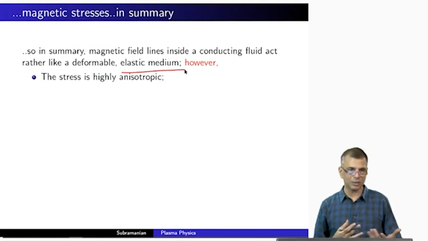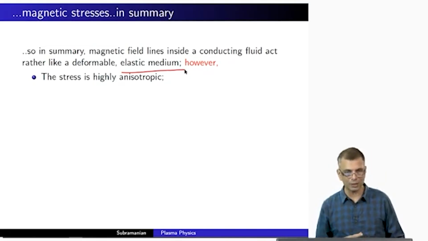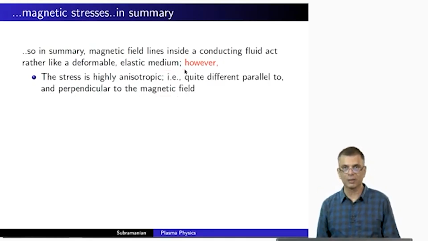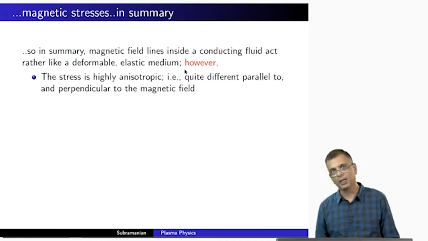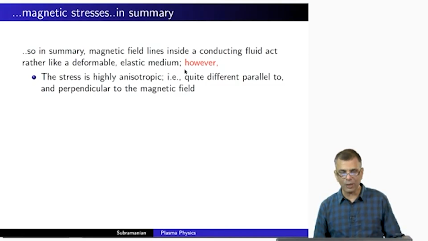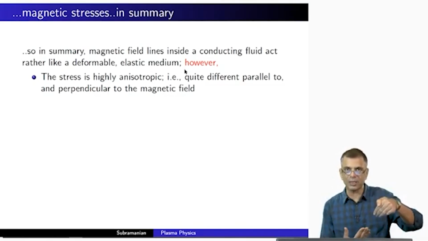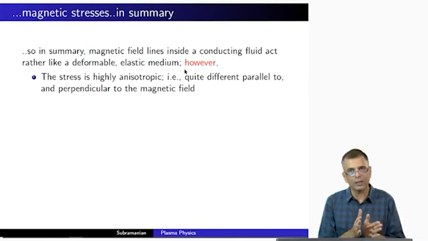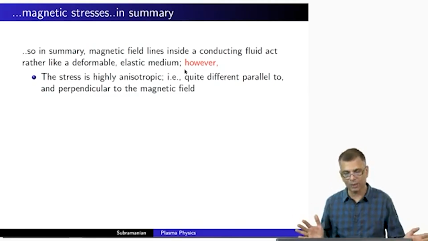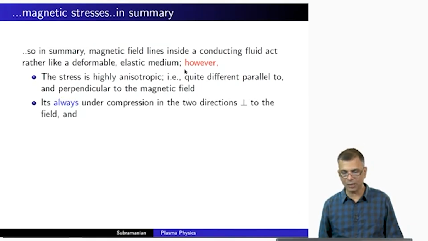The coefficient of elasticity or whatever is the same in all directions. However, in this case, it is highly anisotropic. The stress is very different parallel to and perpendicular to the magnetic field. As we saw, parallel to the magnetic field, the stress tends to contract the magnetic field. Perpendicular to the magnetic field, it tends to make the magnetic field expand. So, it is highly anisotropic.